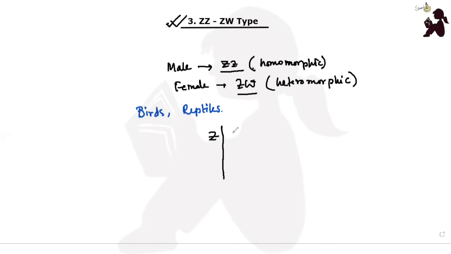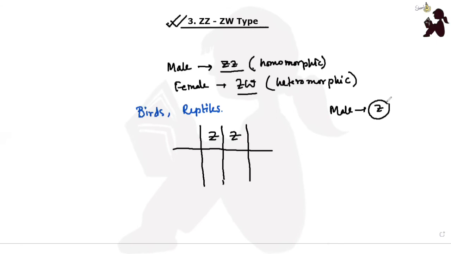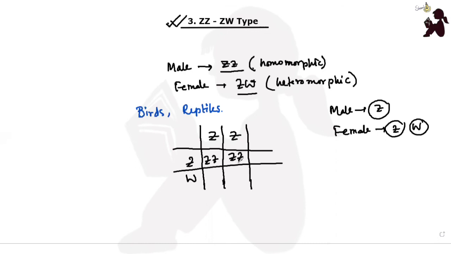So here the male individual will produce gametes of one type. Okay, so the male individual will produce the Z type of gamete and the female individual will produce Z and W as gametes. Okay, so here Z and W, and the offspring will be ZZ, again ZZ, ZW and ZW.